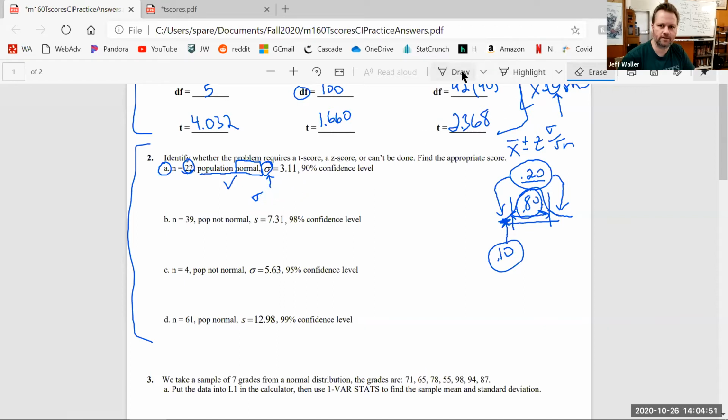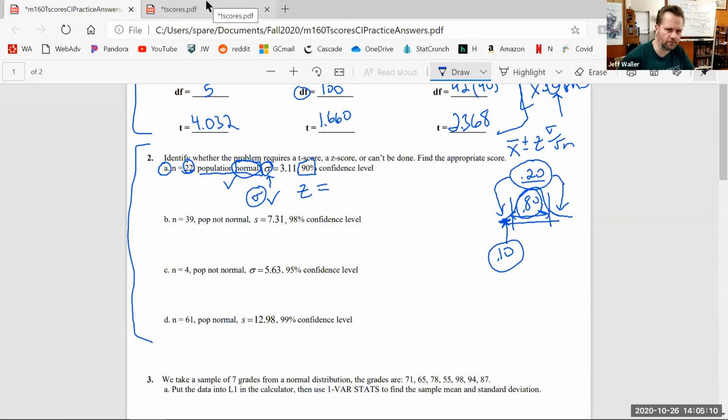So I can use what kind of score? A Z-score. Now I can use the Z-score. Let me just put sigma check. I love it.